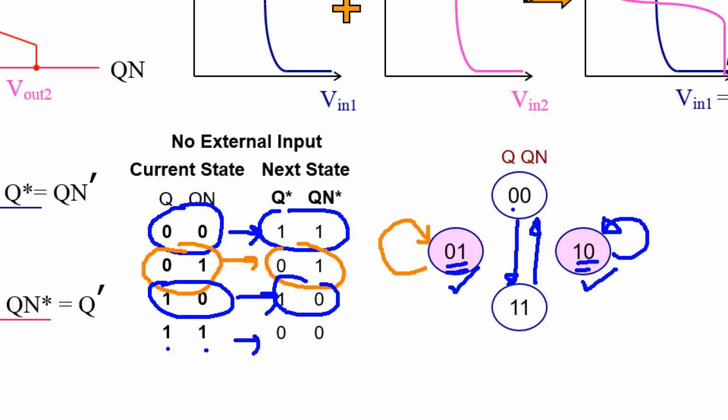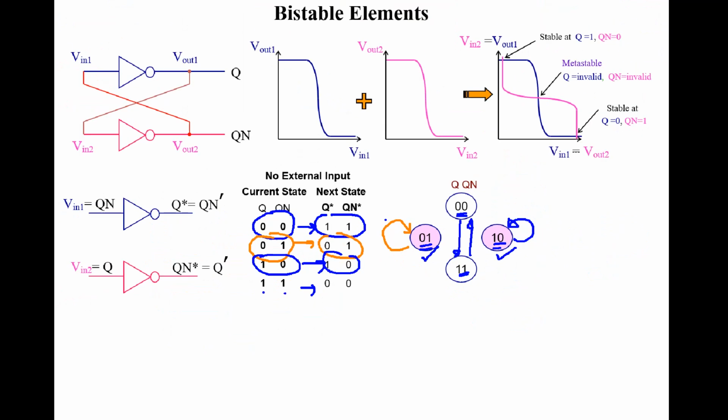This one is not stable because it cannot keep at 0, 0, so it will change to 1, 1, and it cannot keep at the 1, 1 state, because when time passes it goes to 0, 0. So this circuit has 2 stable states, so it's bistable.